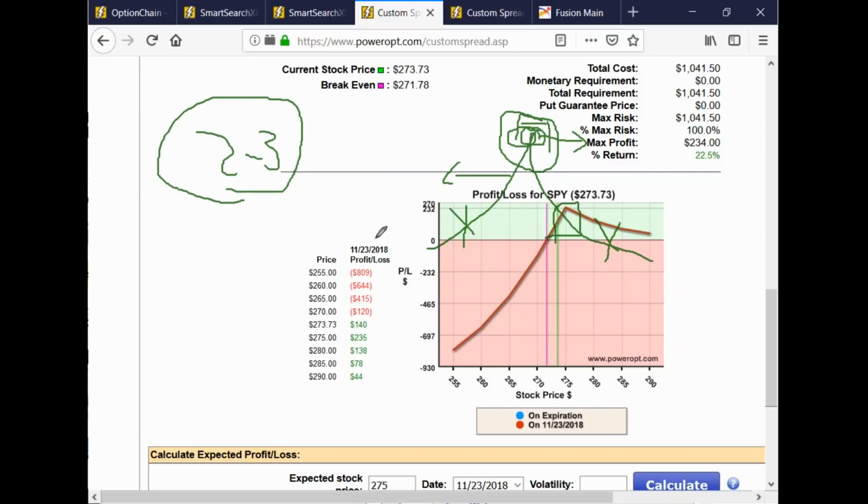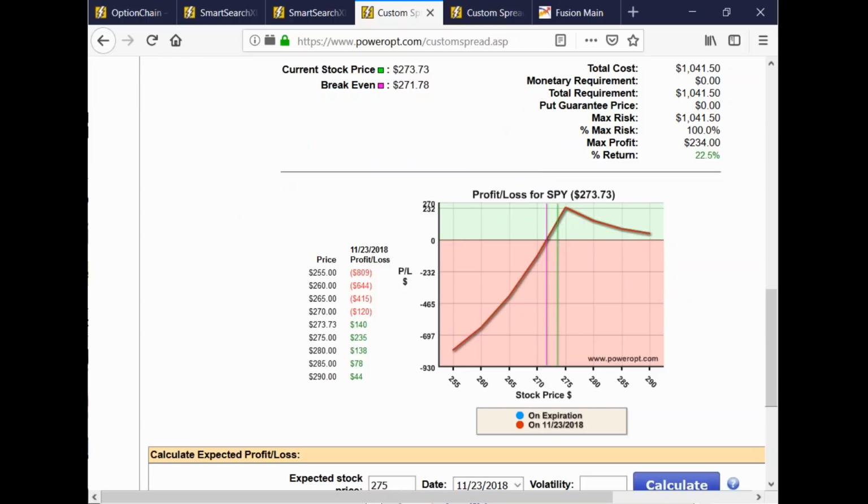He tells me he's got the January 270 right now, and he will sell the Monday and then roll it to the Wednesday and then to the Friday against it continuously to get the most write cycles. And that makes a lot of sense. That is the strategy: you want to maximize the write cycles to continue to cut down the cost of your long option and put you in a better position as time goes on.